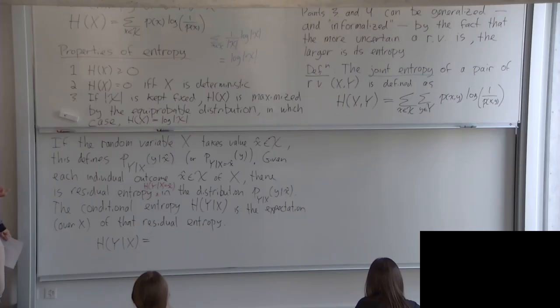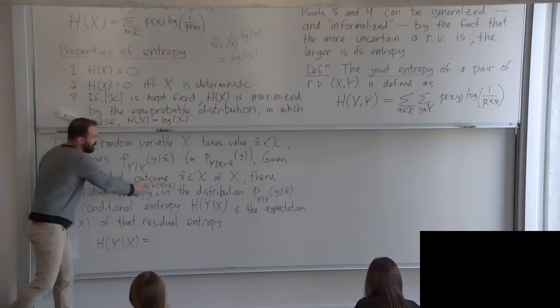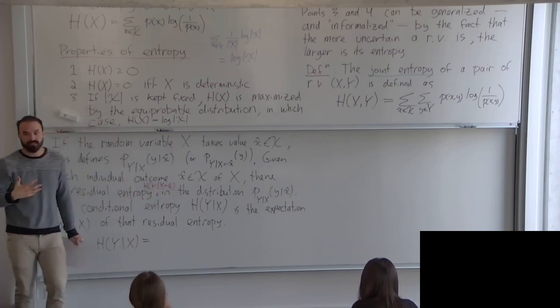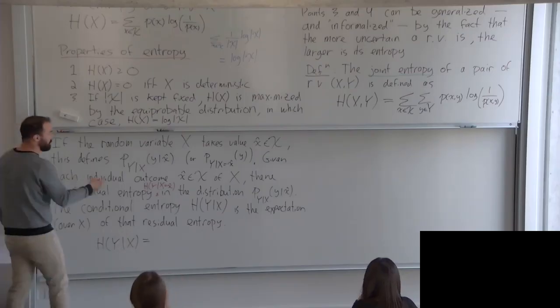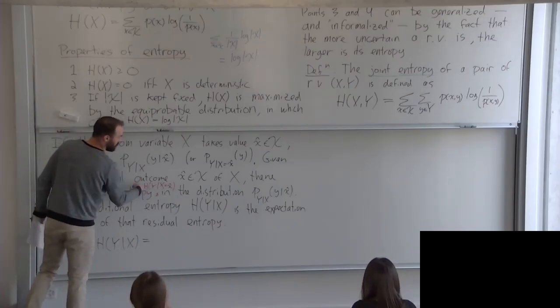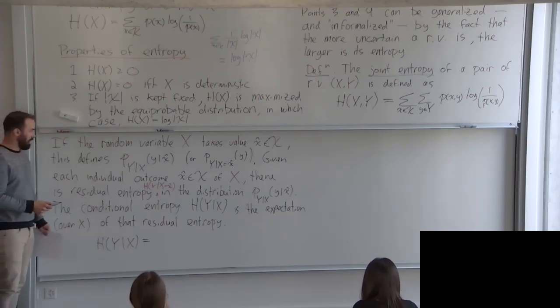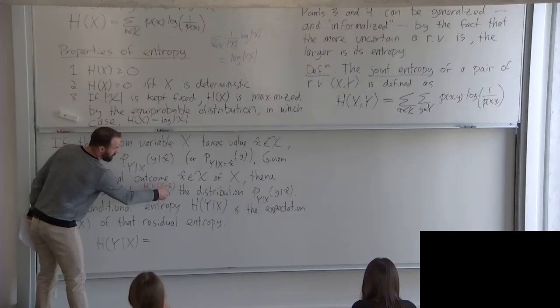Now for the conditional entropy, I'm not looking for the conditional entropy of y given that x has had a specific outcome. I want to define this as a property of two random variables. So the idea is to average over those residual entropies. But by average, I average over the possible values that x can take.